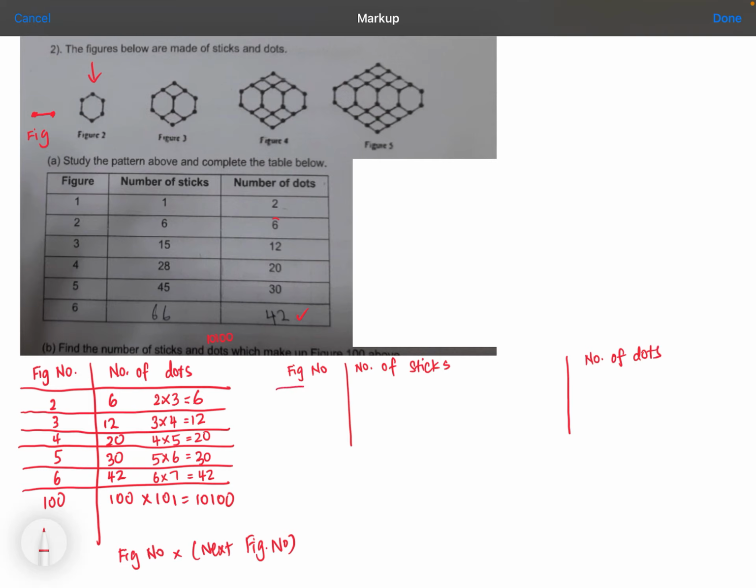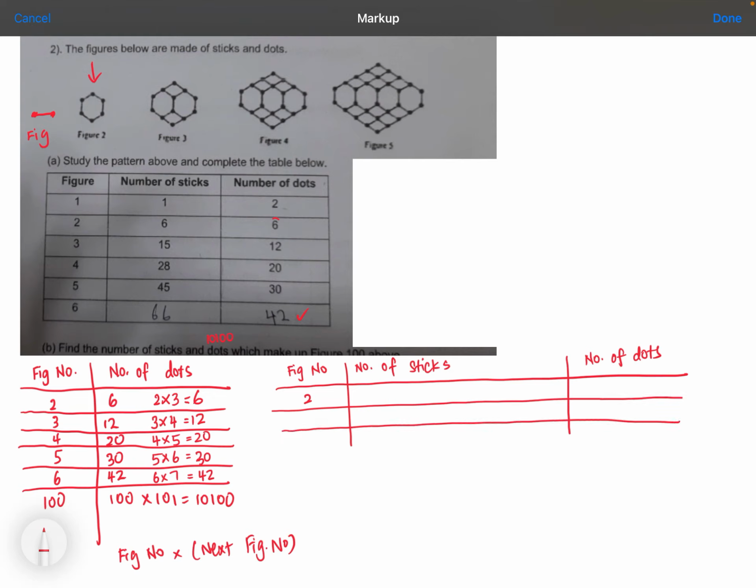Again, I'm going to start from figure number 2: 2, 3, 4, 5, 6, and 100. I'm going to draw it like this.